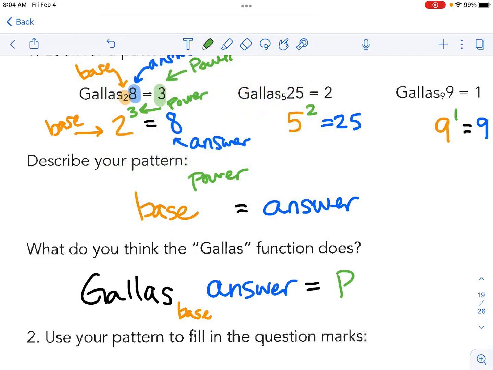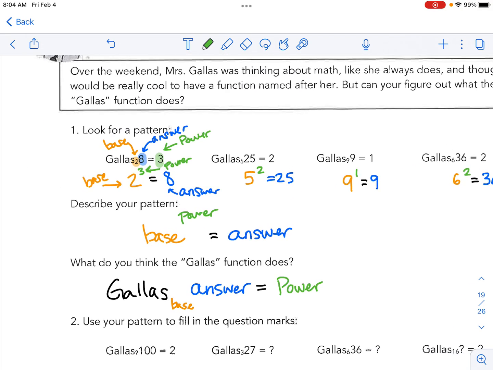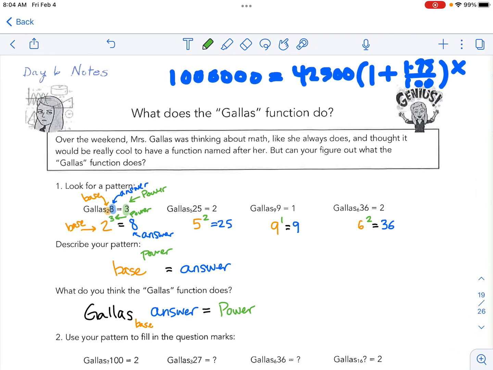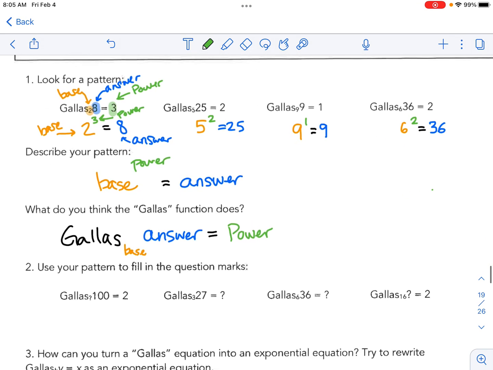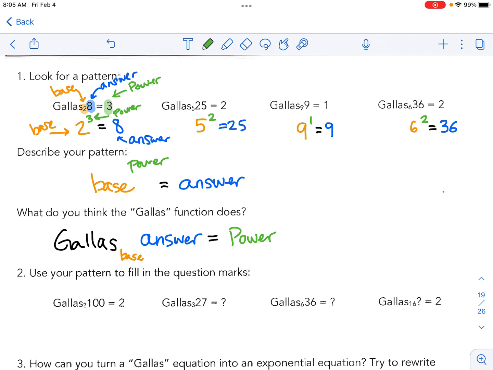gives us the power. Like I said at the beginning of the notes, we want to be able to solve for the power instead of guessing and checking like we were doing a couple of sections ago. This Gallus pattern is a way to get the power and solve for that power.